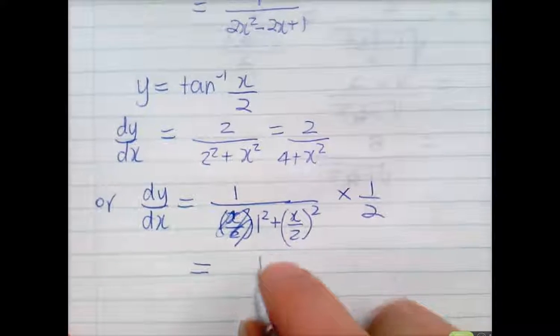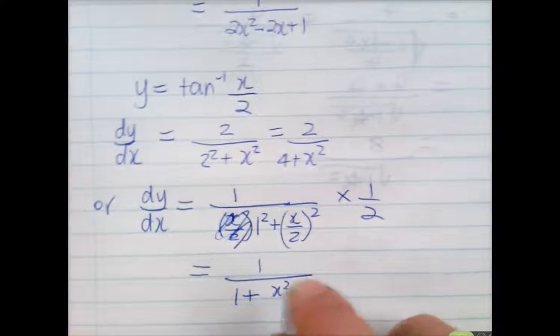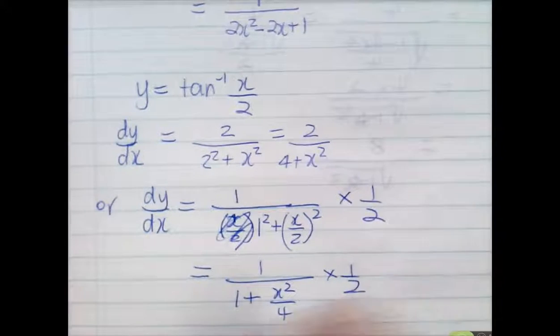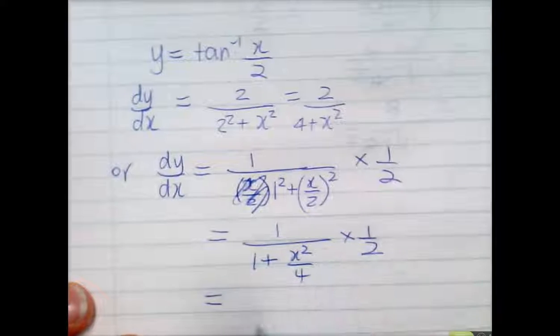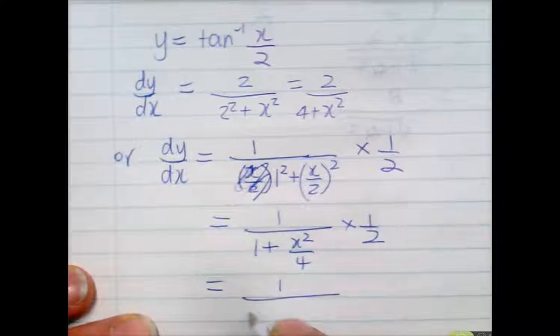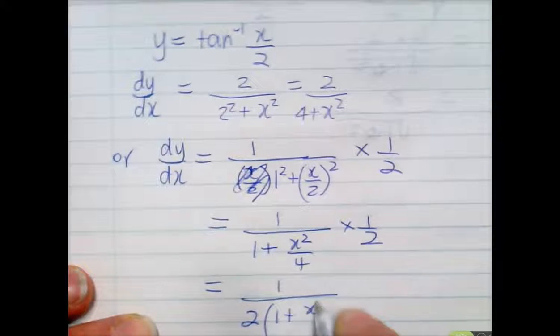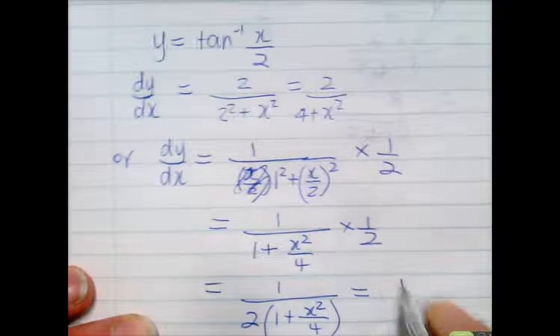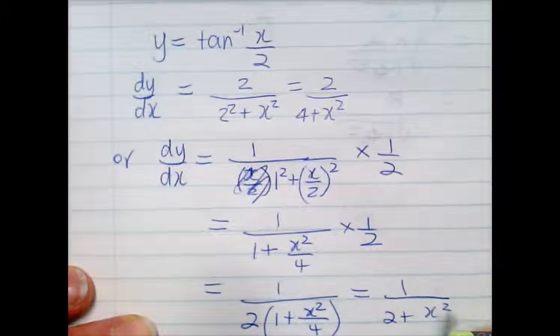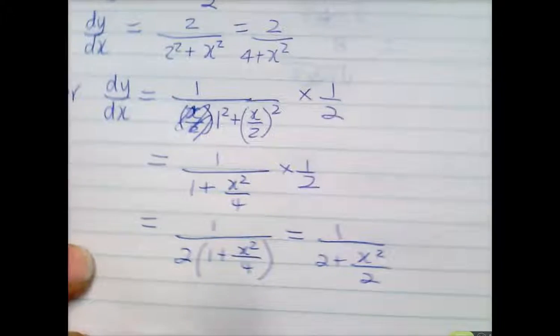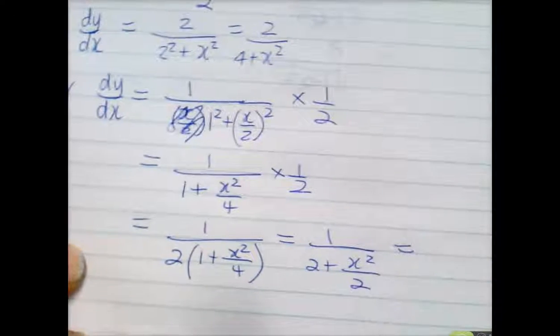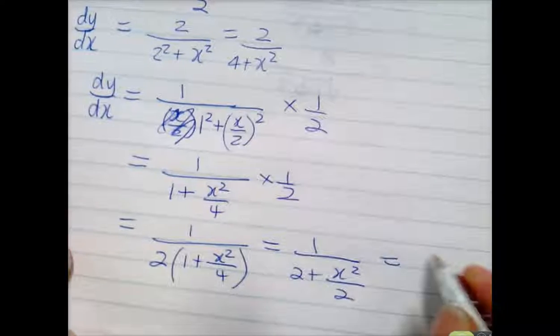Whatever. So it's 1 over 1 plus x squared on 4 times a half. I have to go, where does that 2 go, girls? 2 bracket 1 plus x squared on 4, don't like this. 1 over 2 plus x squared on 2. See what we're doing? And now multiply everything by 2.